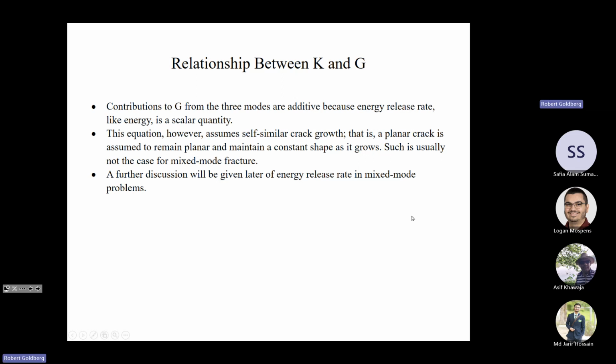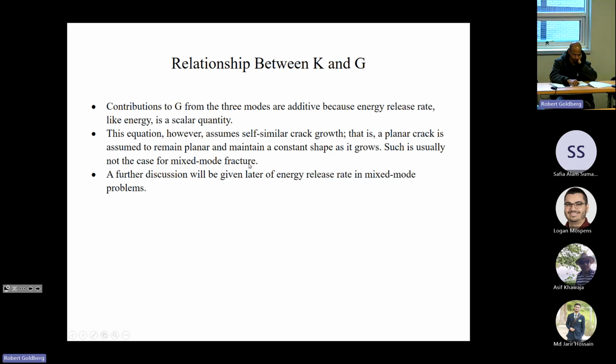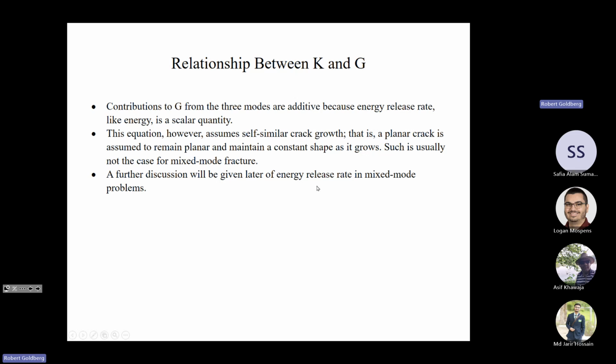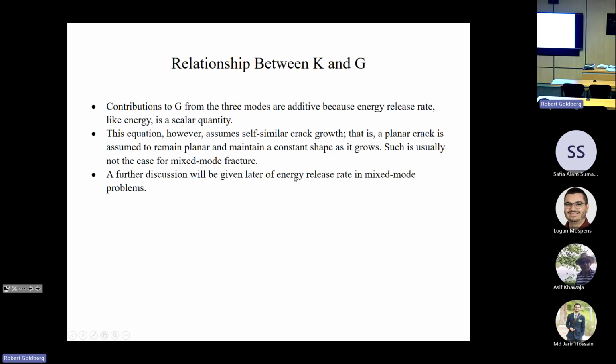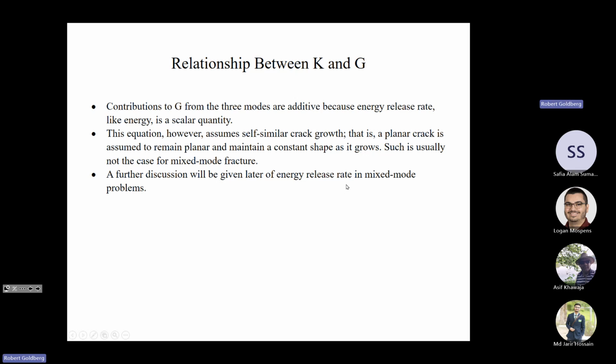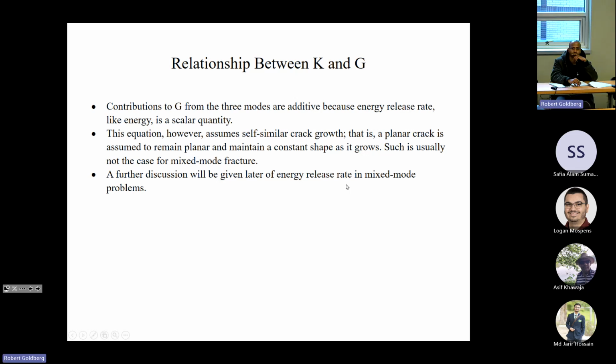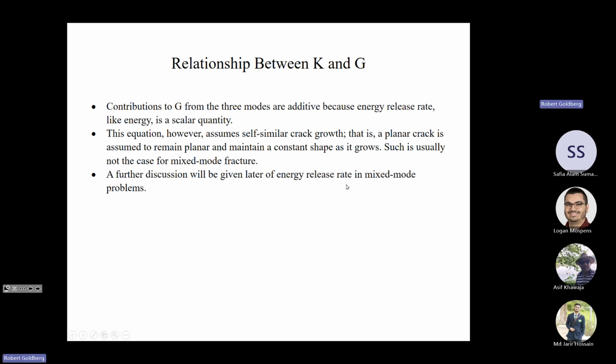So in real life, mixed mode fracture is somewhat more complicated, and next week we'll give a bit more sophisticated analysis for how to compute the energy release rate for the case of mixed mode fracture. So, any questions?